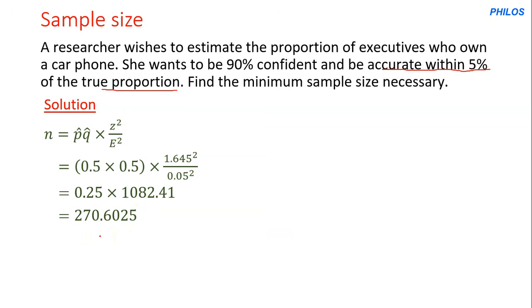Now, I told you that whenever you get a decimal for minimum sample size, always round it up to the nearest whole number. Upward, not downward. So that will be 271. So the minimum sample size necessary to be accurate within 5% of the true proportion is 271.